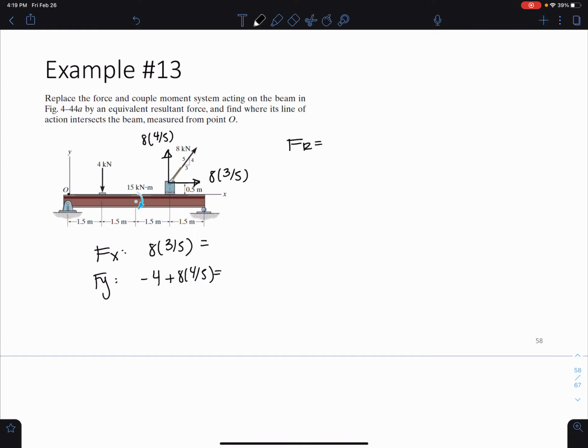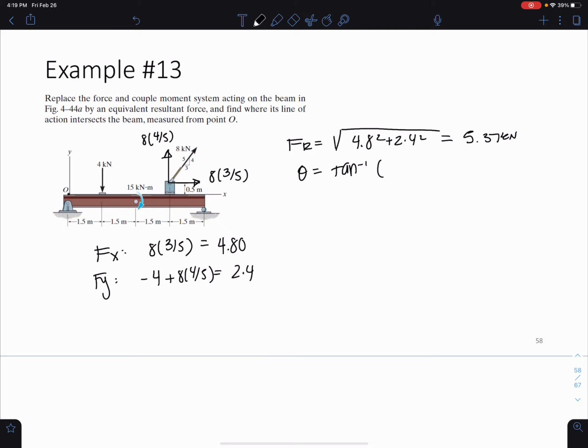Here we get 4.8, 2.4. So square root of 4.8 squared plus 2.4 squared, we get 5.37. And theta, of course, where that resultant acts, is inverse tangent of 2.4 divided by 4.8.